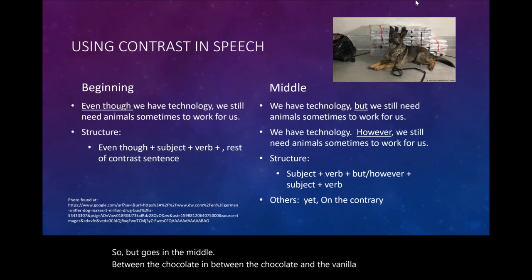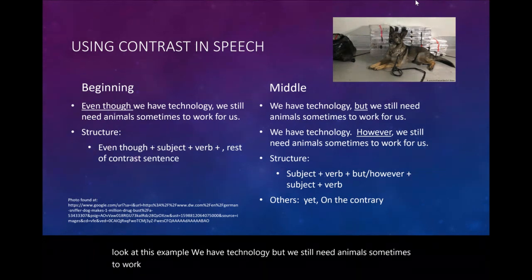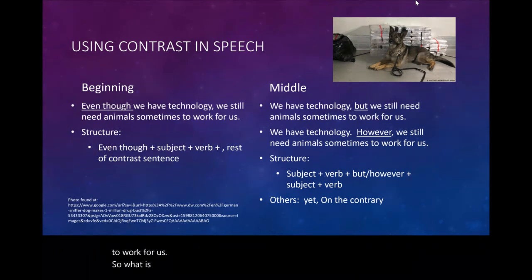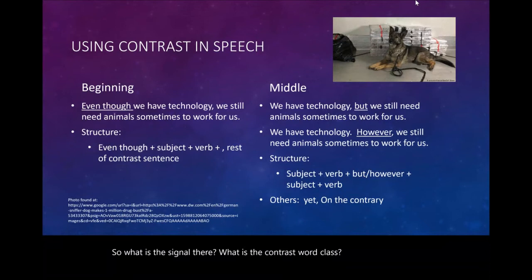So let's look at this example. We have technology, but we still need animals sometimes to work for us. So what is the signal there? What is the contrast word, class? But, however. Okay, well, I just shared this sentence with but.